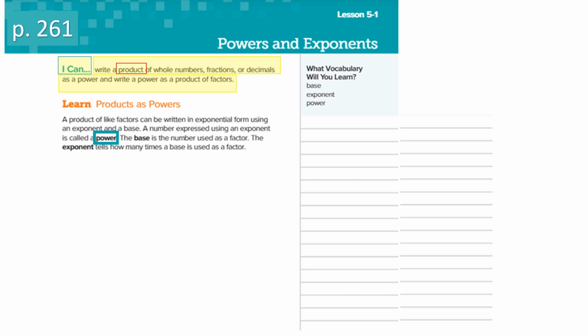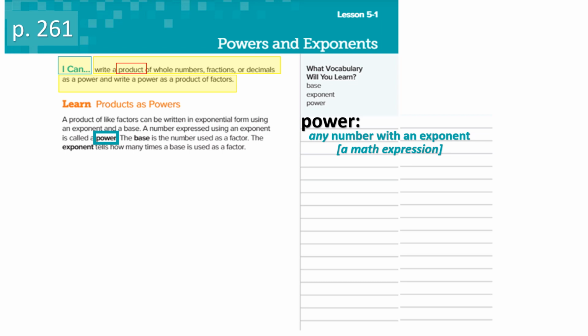So when I look at the idea of a power, write this down so you know what your definitions are. A power is any number with an exponent. So I have a base, I have an exponent. I want to know what those mean. But the meaning is that we have a math expression.